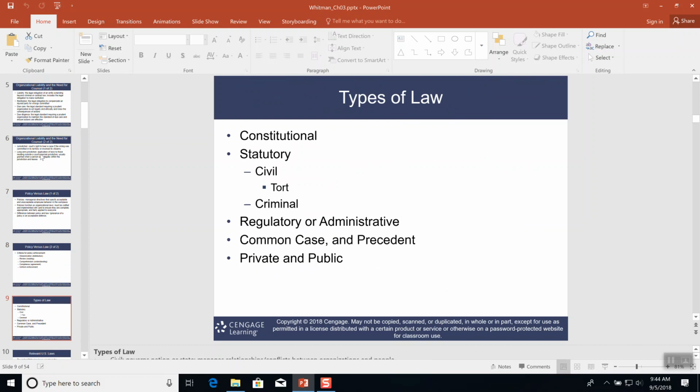Law is a funny thing. Types of law, you got constitutional, statutory, civil, tort, criminal, regulatory, administrative, common case and precedent, private and public.